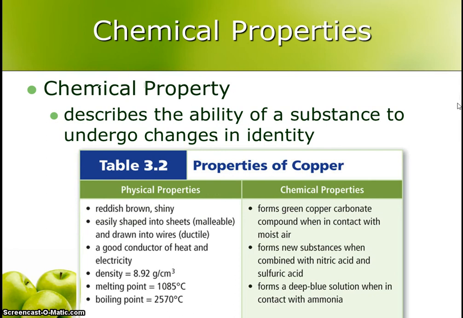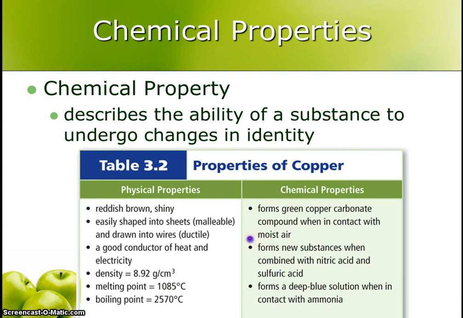Chemical properties here we can see are the properties of copper. So let's look at copper for just a minute. We've got knowledge of copper because we have pennies in our lives. We know that they have a distinctive color and a luster, and they can be shaped into wires, good conductors. Those are all physical properties of copper. But copper also has chemical properties, and those are its ability or likelihood to react with other substances.